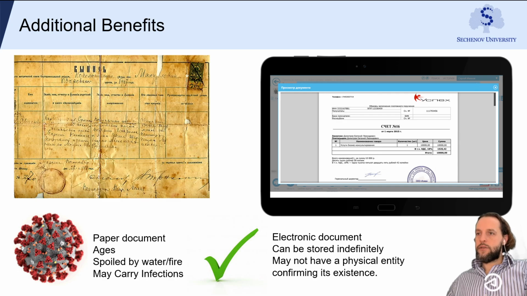And electronic signatures do not need any physical media of exchange in place. It could be just a file which was sent by the network, and we will be sure that this signature is authentic.